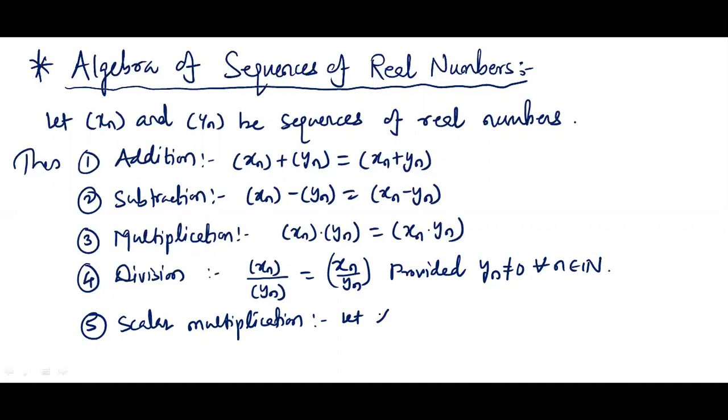Let alpha be a scalar, then the scalar multiplication of alpha and xn is denoted by alpha into sequence xn, and it is defined as a sequence whose nth term is alpha xn.